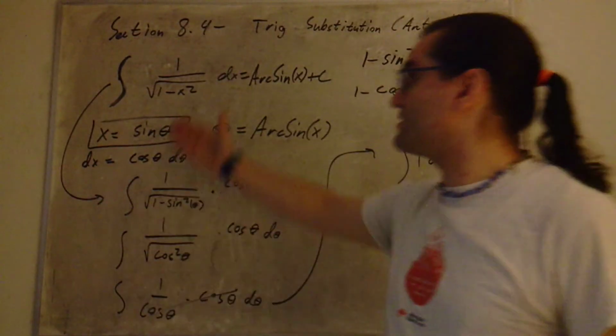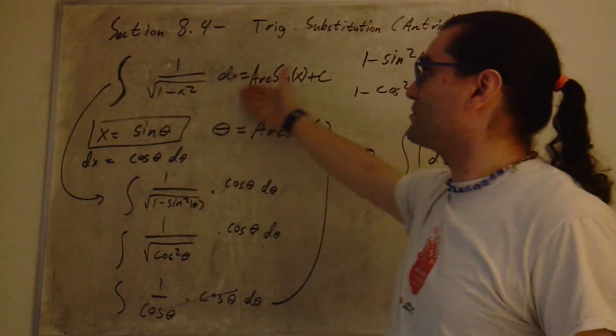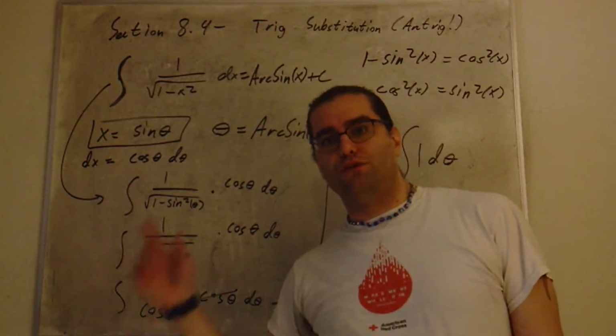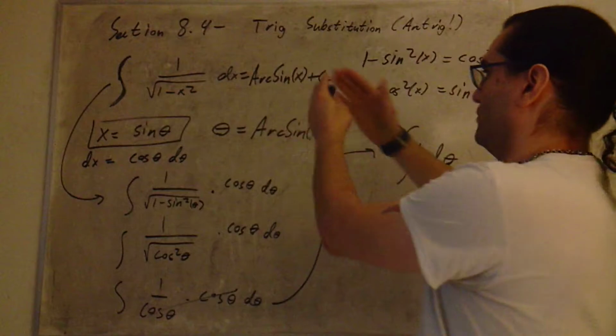So it makes sense that the integral of 1 over the square root of 1 minus x squared is the arcsine. That's what we're doing here.